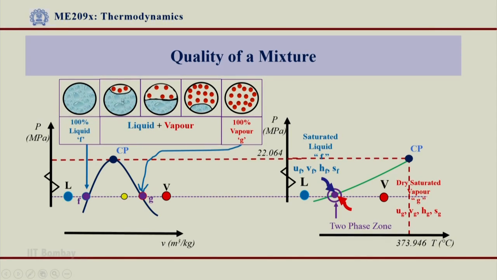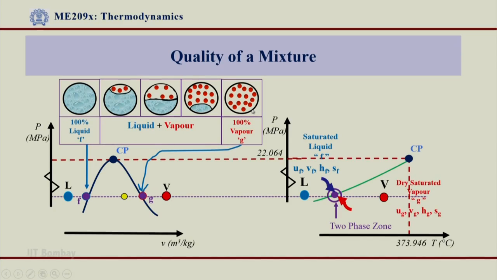More liquid, less vapor here, both around approximately 50% in the middle, more vaporized portion over here, and here you got 100% vapor. Accordingly, the properties from point F to G would change depending on how much liquid is there and how much vapor is there, and that is what is going to be decided by quality.